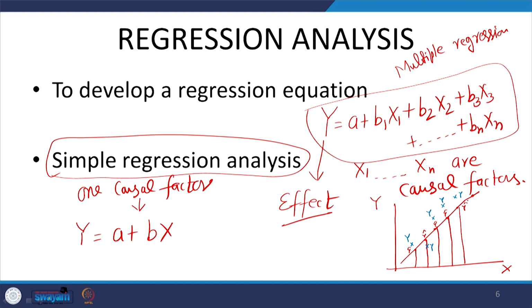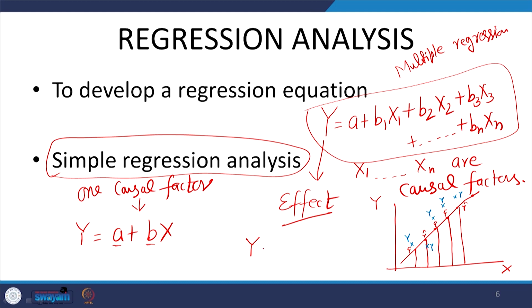The idea of determining a and b is that the difference between y and y cap should be as minimum as possible, so that this line is as close as possible to the actual values. Some of the differences are positive and some are negative, so we take their square so that all terms become positive, and then we take the sigma.